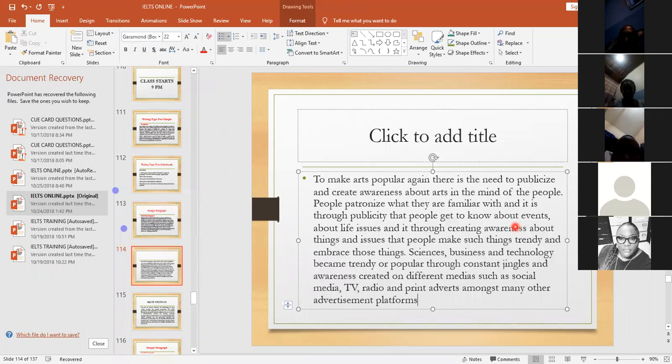Now from this, I have been able to illustrate my point, and I've also been able to cite examples. I have illustrated my point that it is publicity that makes things get into the consciousness of people, get into the mind of the people, get people familiar with anything. I also went back to the fact that science, business, and technology have been made popular or trendy through constant jingles.